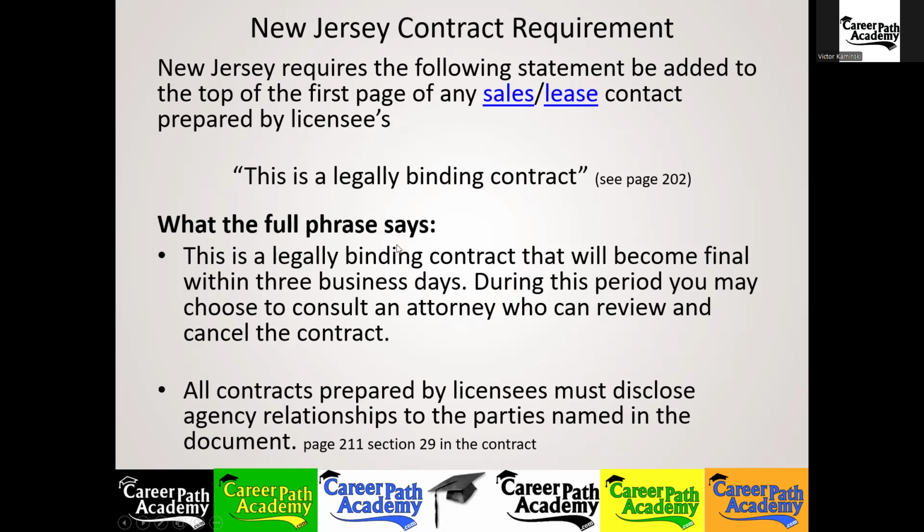Now, what the phrase fully says is this is a legally binding contract that will become final and binding within 3 business days. And during this period, you may choose to consult an attorney who can review and cancel the contract. And all contracts prepared by licensees must disclose the agency relationships, who they're working with and how on a contract.